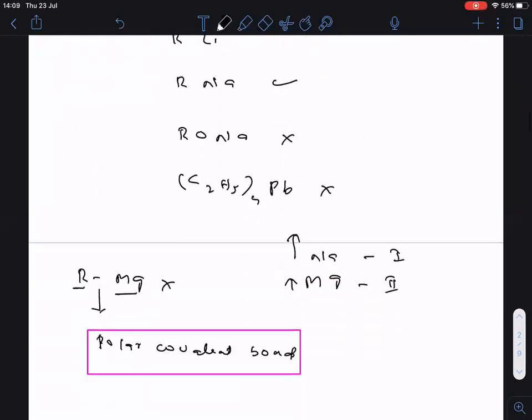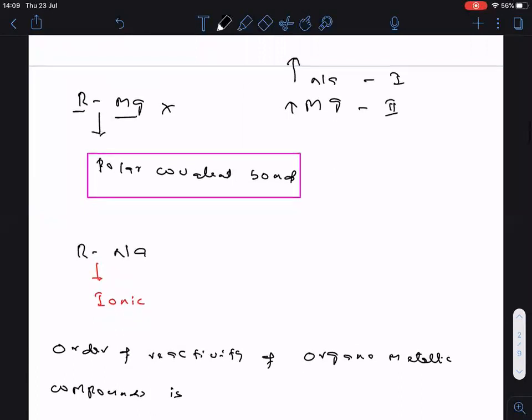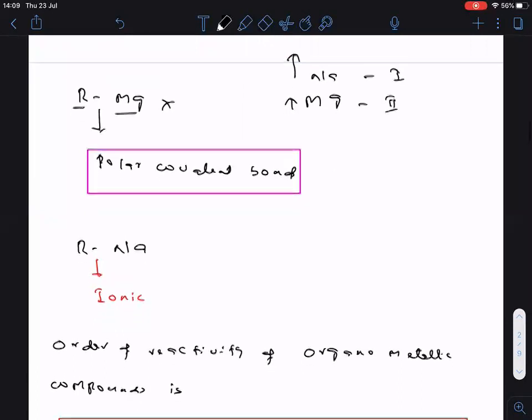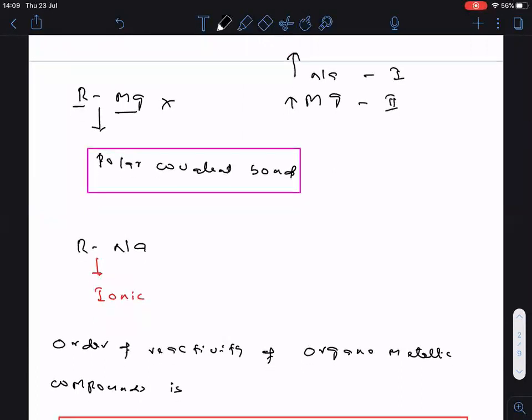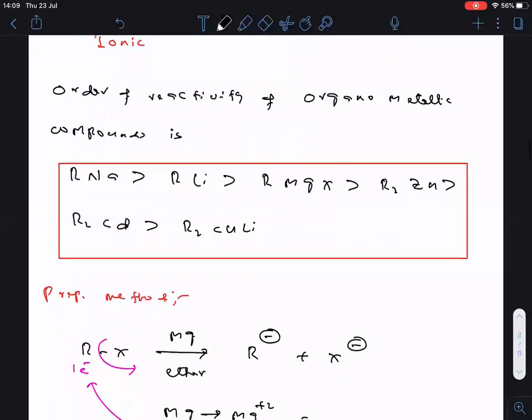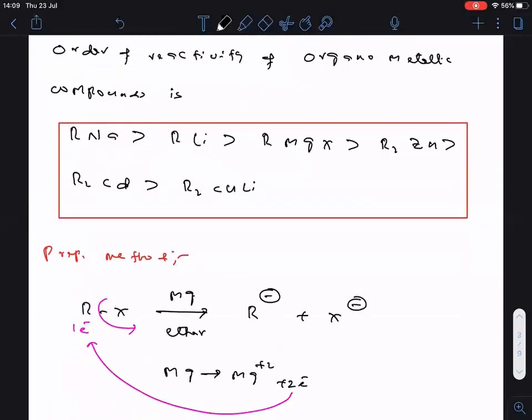Then after here, nature of the bonding. Then order of reactivity of organometallic compounds.